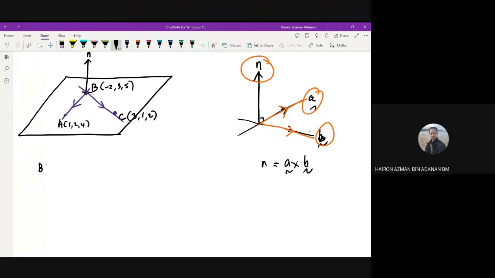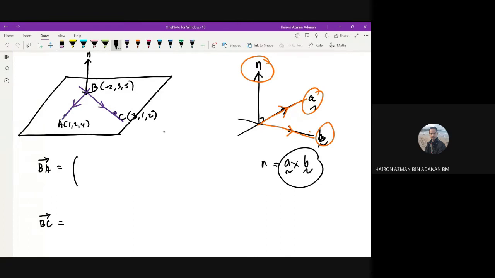So we have to find vector BA, and then we also have to find vector BC. Why find these? Because we will cross them in a moment, BA cross BC. Why do we cross? We want to find the vector normal. So going from B to A, that is vector OA minus OB.